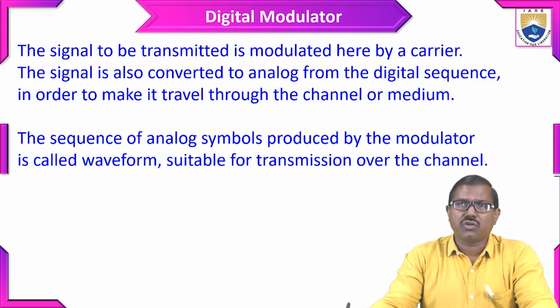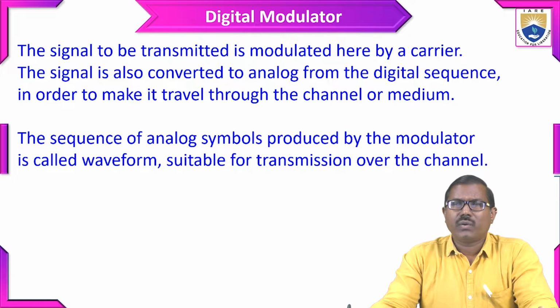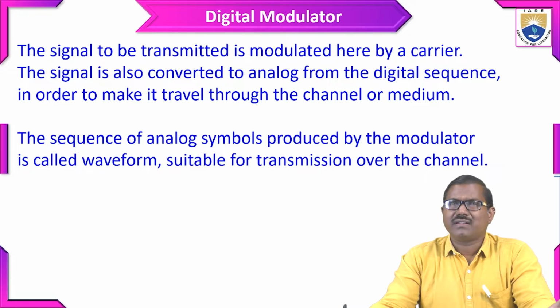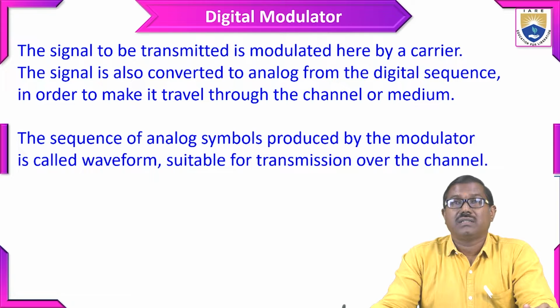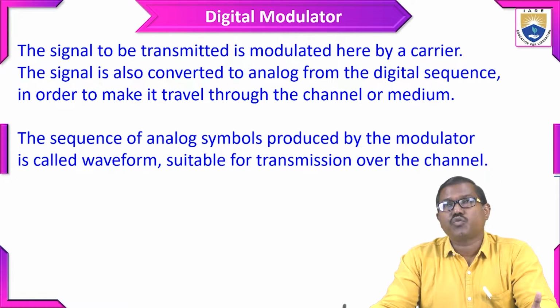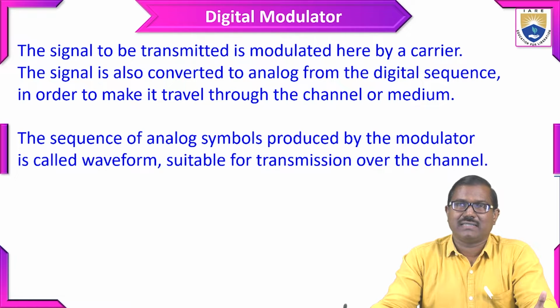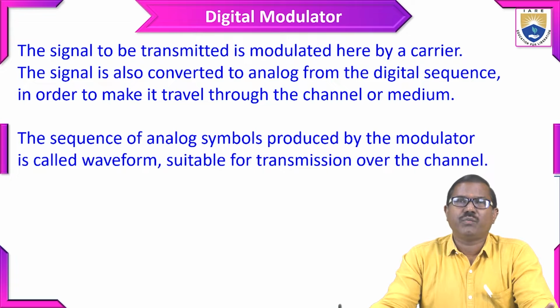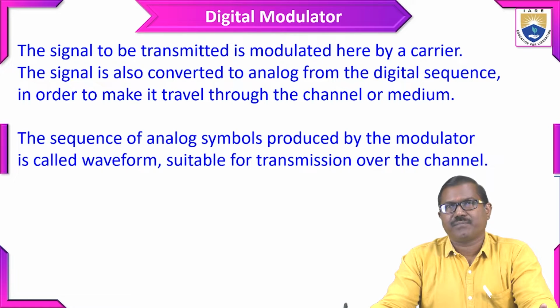And we may have a doubt: why are we converting to passband? Without passband, we could transmit the baseband signal into the channel. Yes, you can send it, but baseband signal transmission is not suitable for radio link. Here our aim is to send the information over long distance communication, so our signal must be suitable for the radio link.